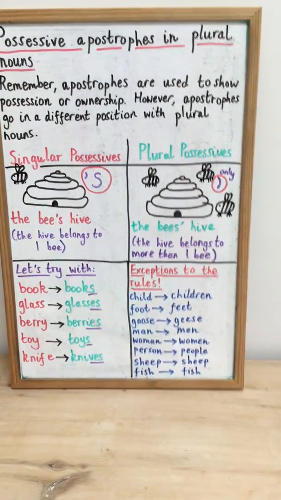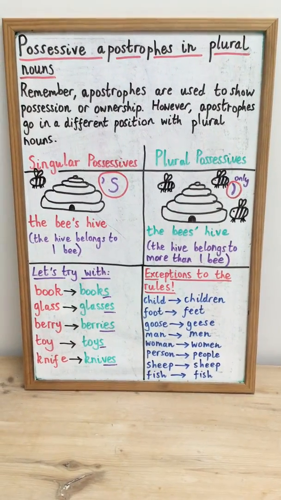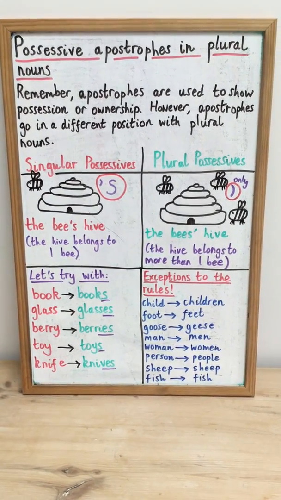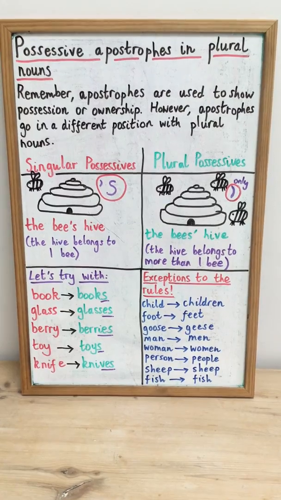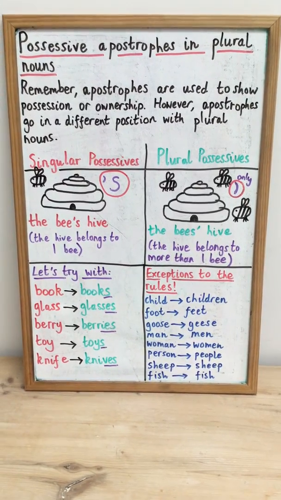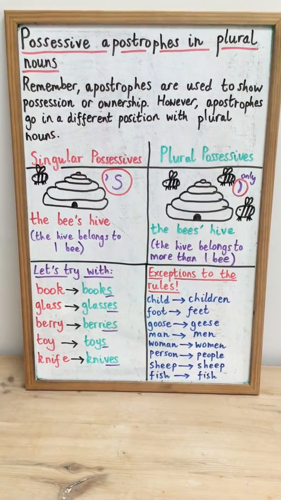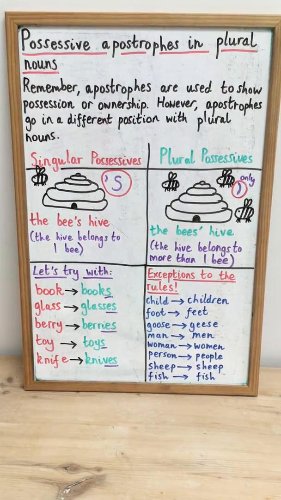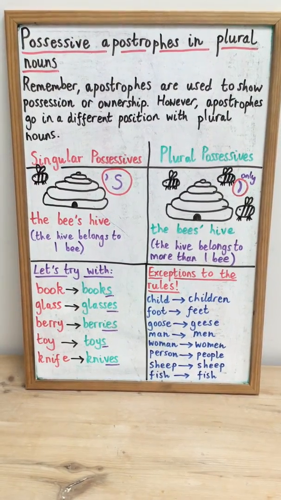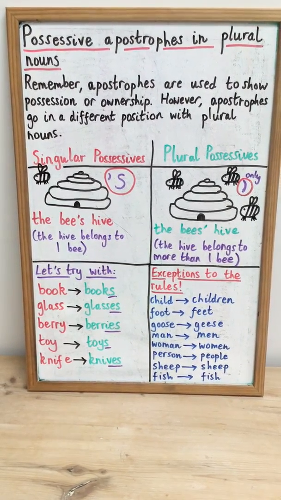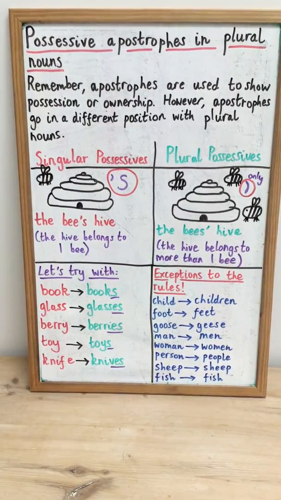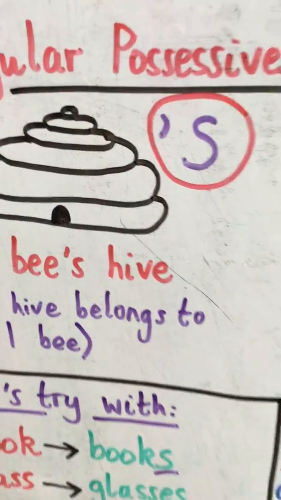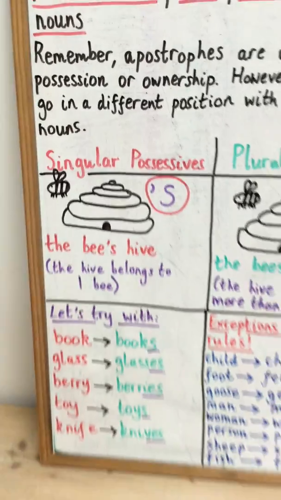So if you look on the left-hand side, you can see I've got one bee and one bee's beehive. So this beehive belongs to just one bee. So the sentence that I would write to show the possession would be the bee's hive. And as you can see, my apostrophe S is added to bee. The bee's hive.